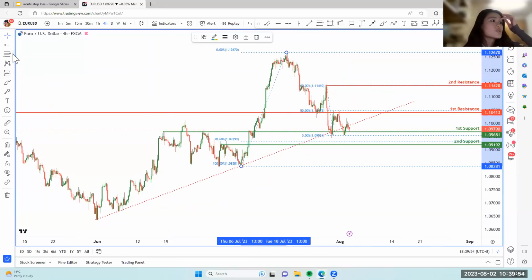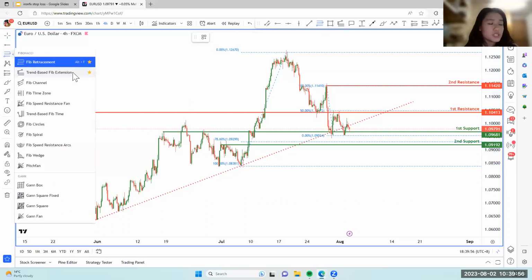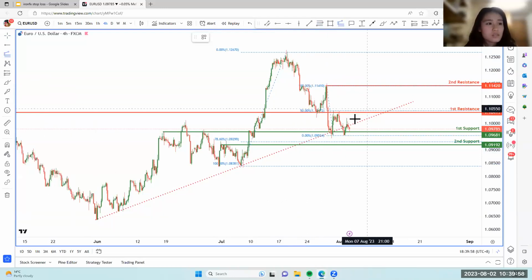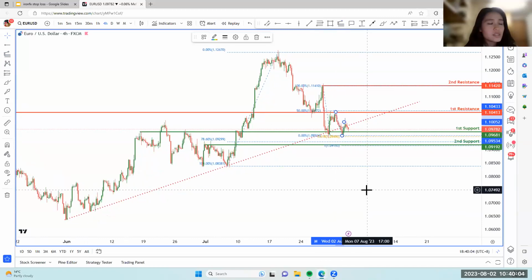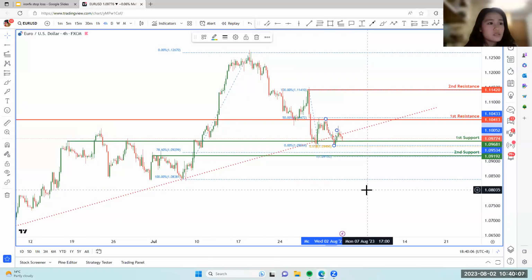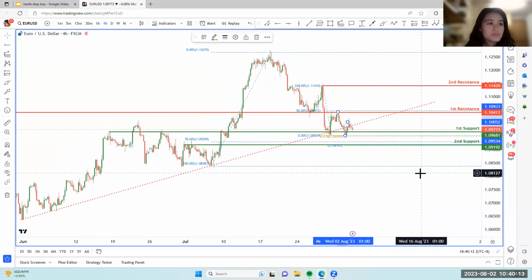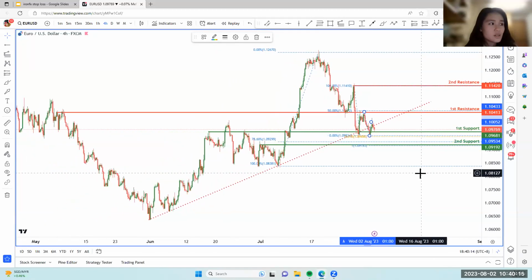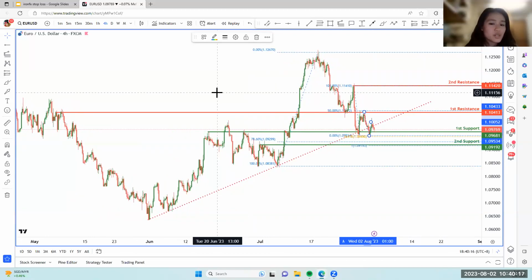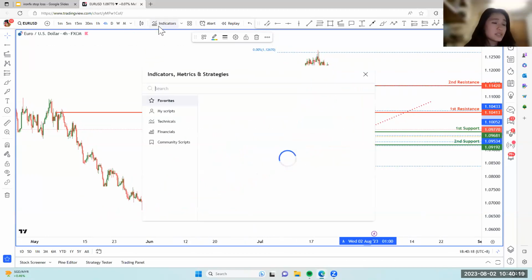Okay, now let's go in with a Fibonacci projection. I can see that my 61.8 and my 100% line up nicely. Okay, I think that's all the levels that I have. So now I'm going to go in with some indicators.